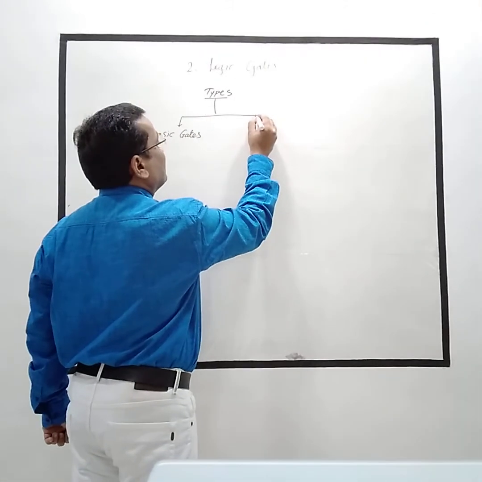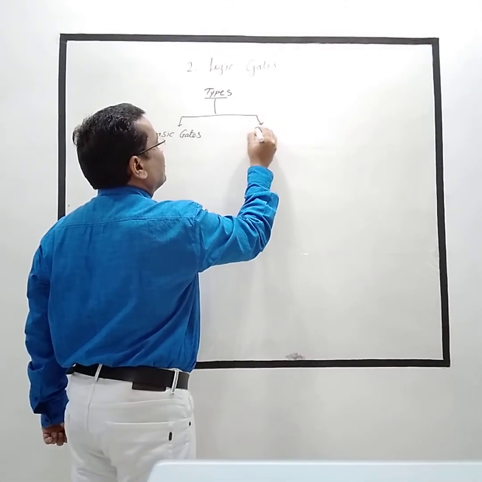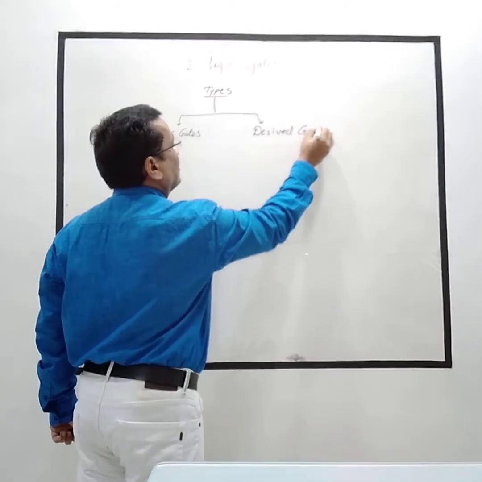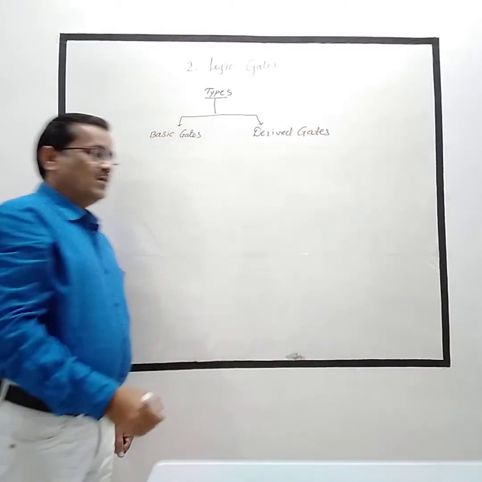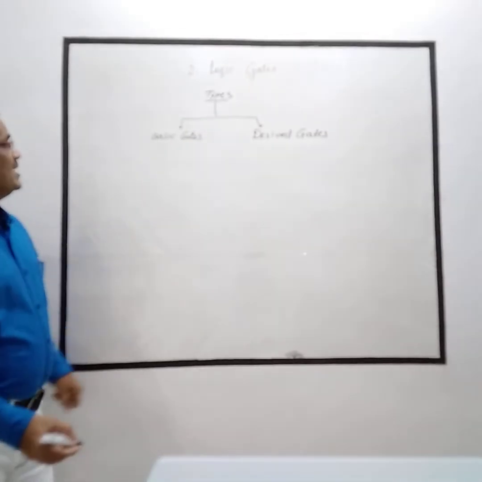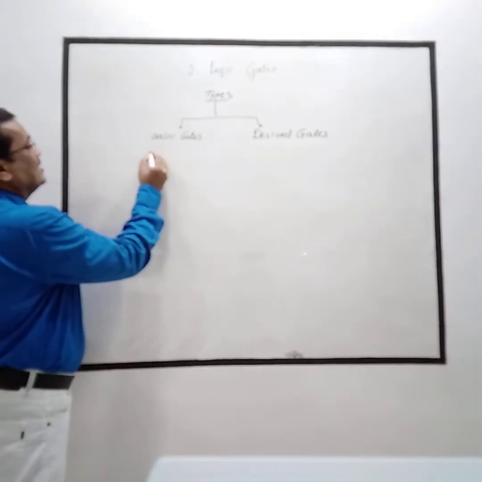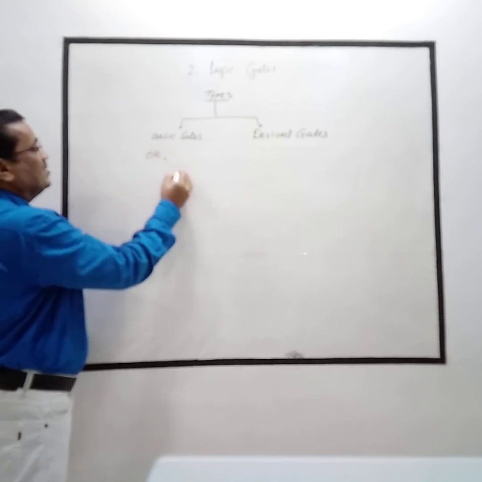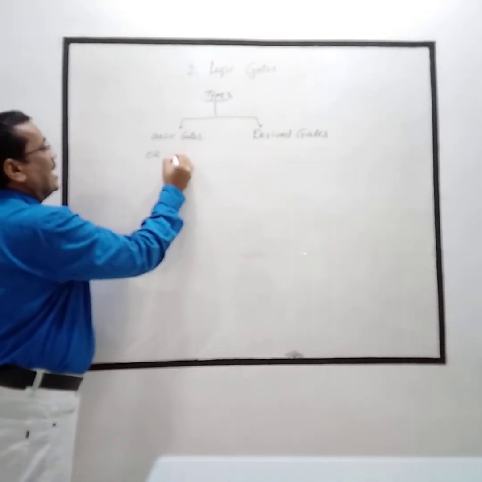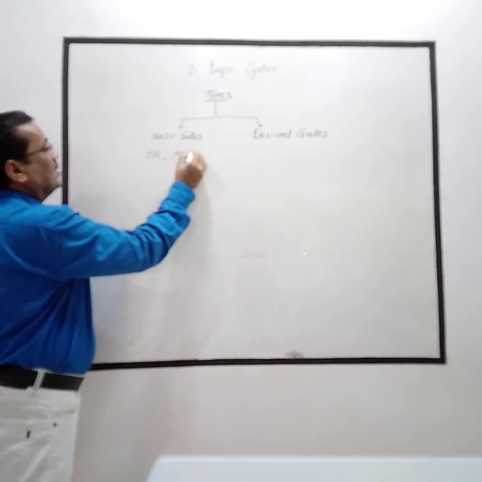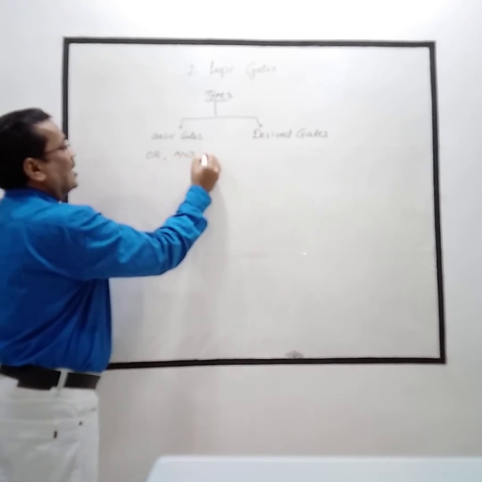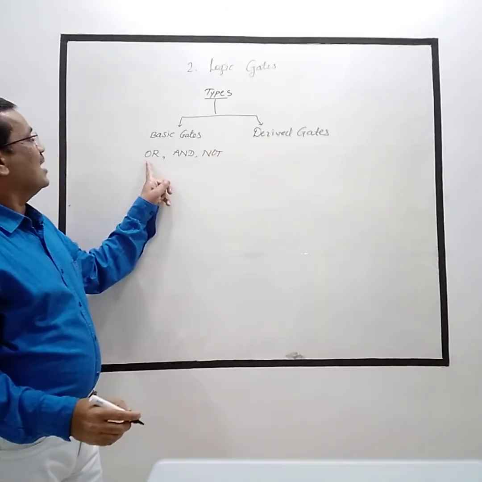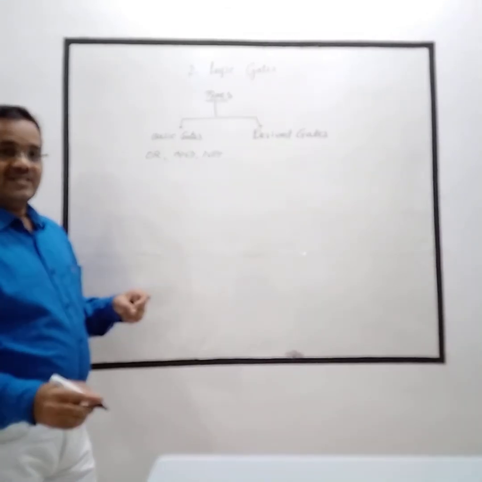And second type, derived gates. So what are the basic gates? First is an OR gate, second is an AND gate, next is a NOT gate. These three types of gates are called basic gates.